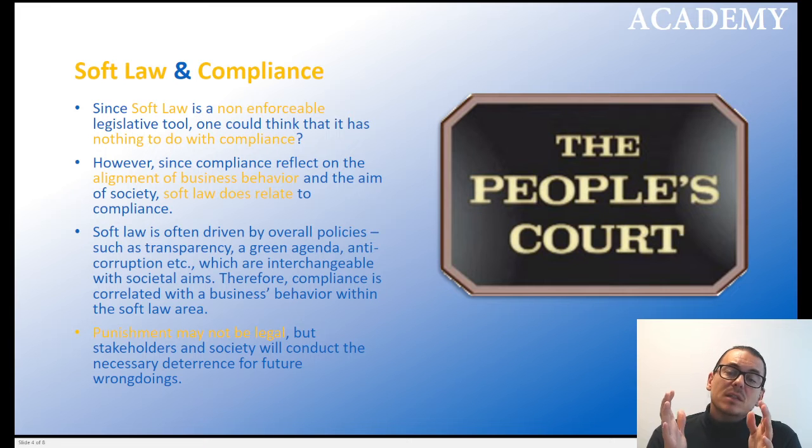And it's because, overall, soft law is policy driven. So it's very hard to protect yourself, which is why some of these elements are so important to stay on top of.